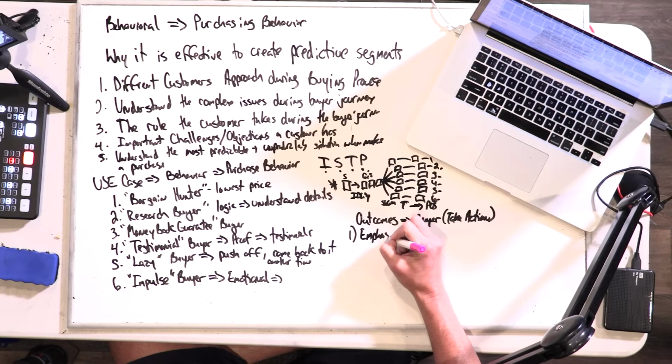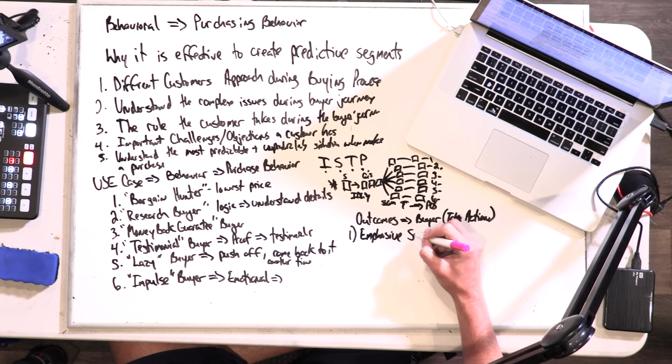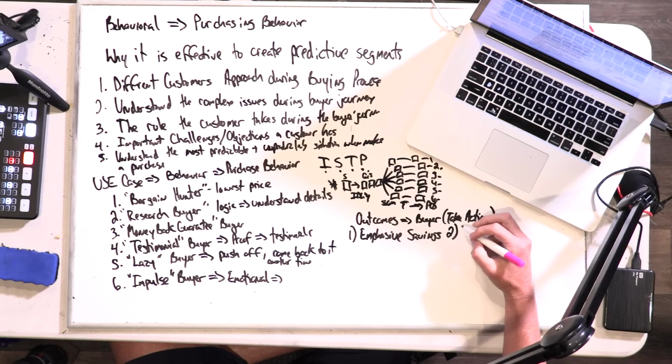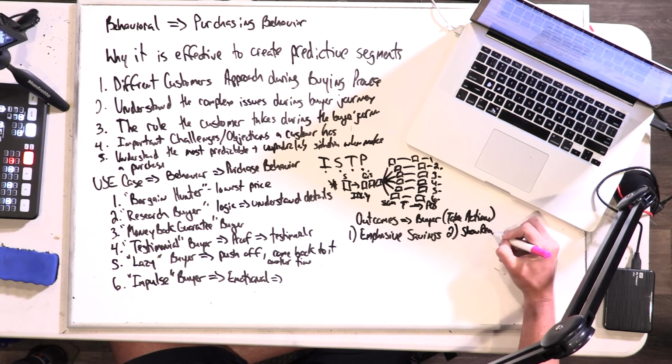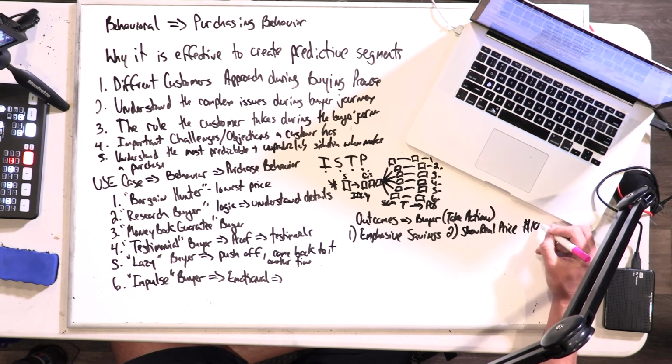On the first one, for my bargain hunter, I'm going to make sure I emphasize the savings. I'm going to reassure this price-sensitive buyer that they are getting a good deal. I'm going to show the real price. Say it's $100 and I'm giving 25% off.